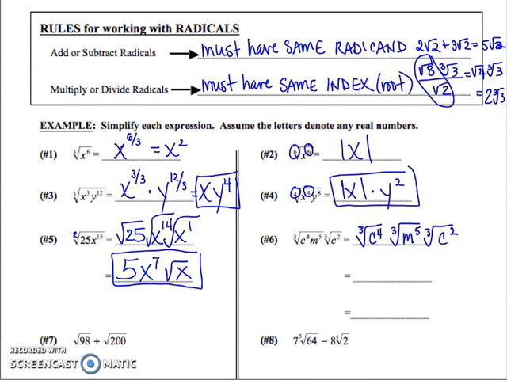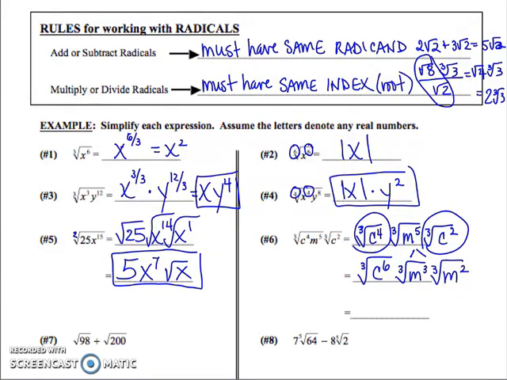Now that, because 3 doesn't go evenly into 5, I'm going to have to split that apart. So I'm going to do the cube root of m cubed and the cube root of m squared, because 3 plus 2 makes 5, and 3 goes into 5 once, so that's why I split it apart that way. Now I can go ahead and I can write my answer. The cube root of c to the 6th, that's going to be c to the 6/3 power, or c squared.